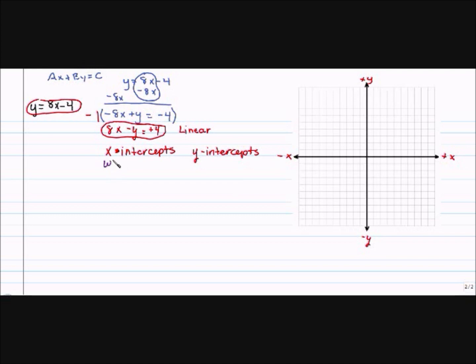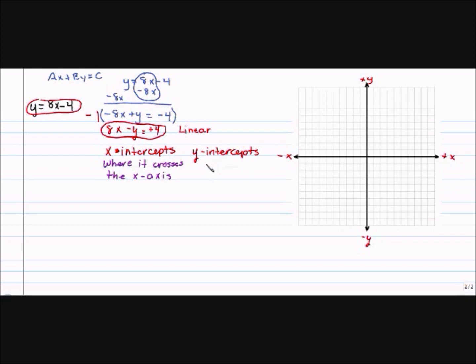it crosses the x-axis. Okay, so it's going to cross somewhere along the x-axis. We need to know the exact point.